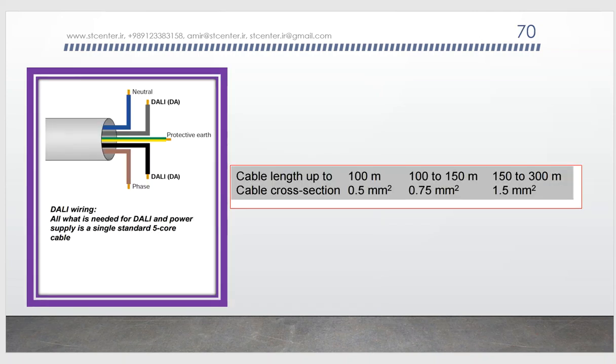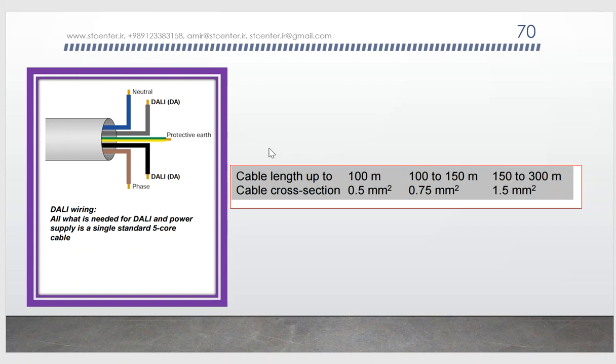About the wiring, if you use 2 wires, you can see DA plus and DA minus. If you use 2 wires with a 1.5 square millimeter cross-section, you can have up to 300 meters of DALI line.